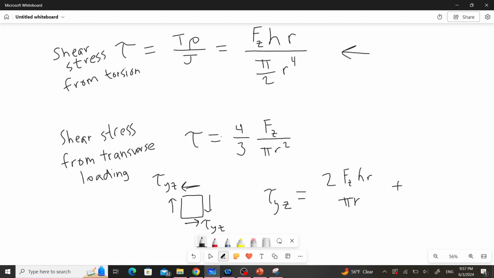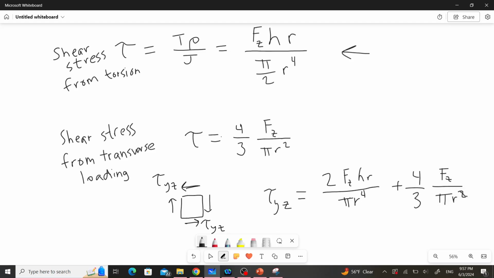And then the shear stress from transverse loading is 4 over 3 Fz over pi r squared.